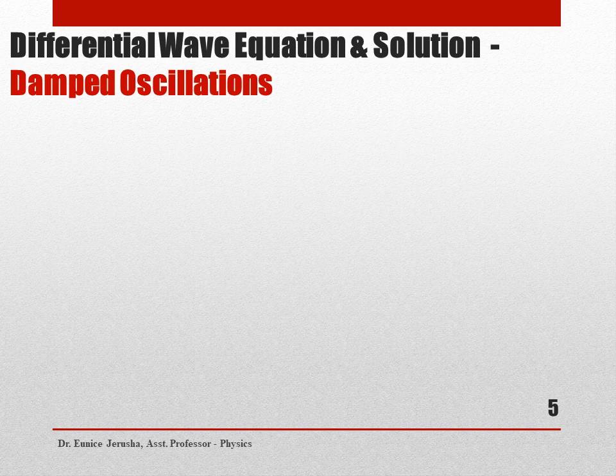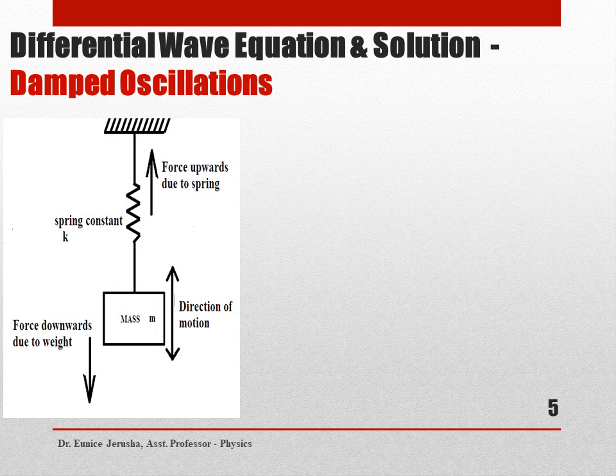We now proceed to assign a differential wave equation for damped oscillations and find solutions for the differential wave equation. In order to proceed with that, let us consider a spring in which a body of mass m is attached as shown. There are two forces acting on the spring.